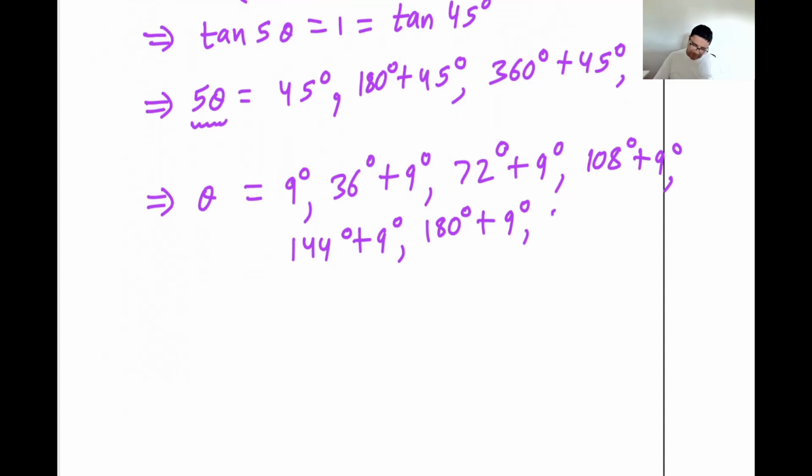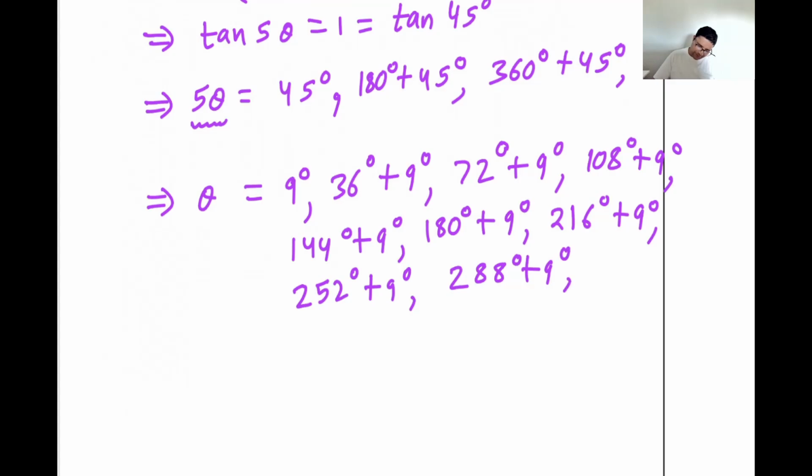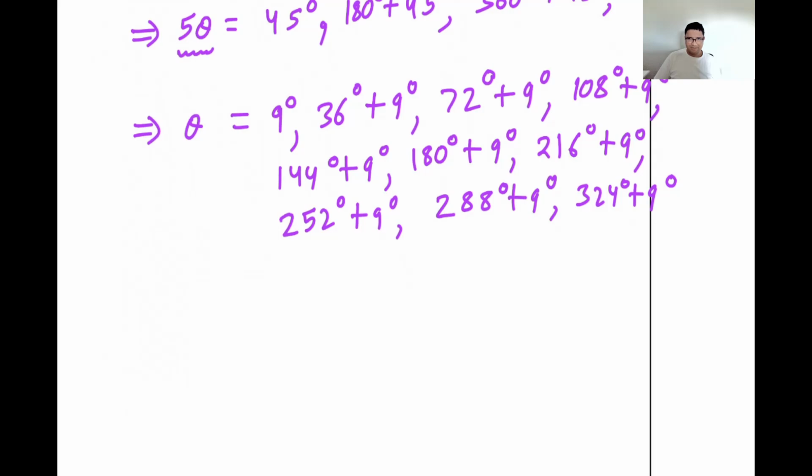And I can kind of see the pattern now: 216 plus 9, 252 plus 9, 288 plus 9, 324 plus 9. The next one will be 360 plus 9, and that will be more than 360, so we stop at that.